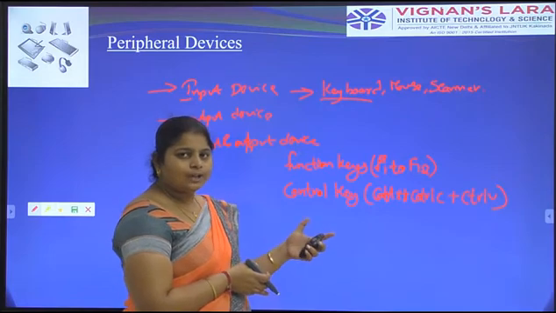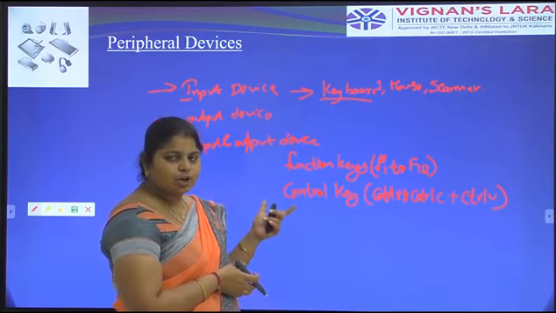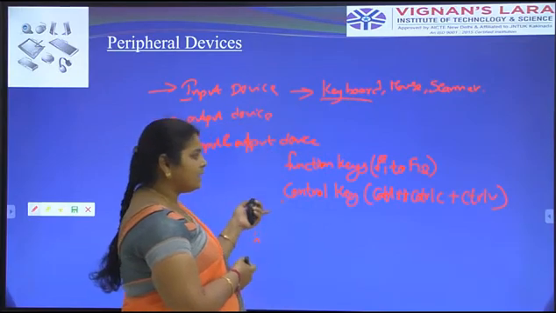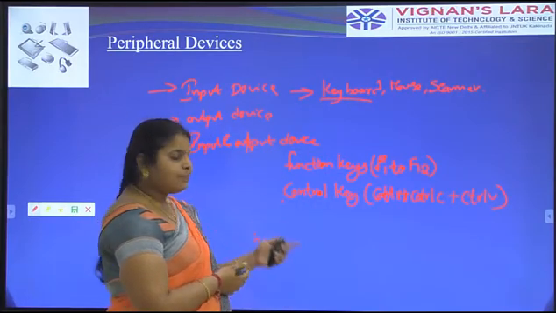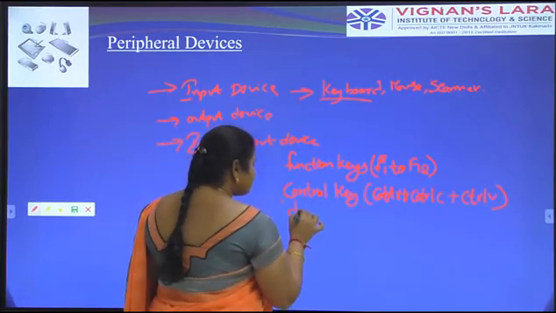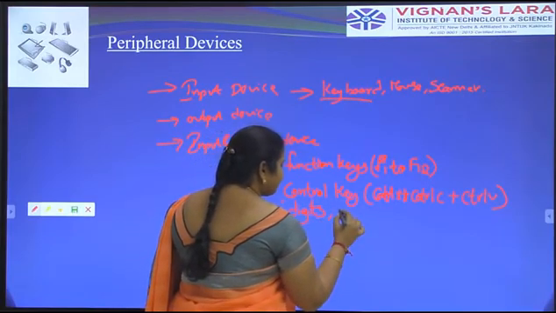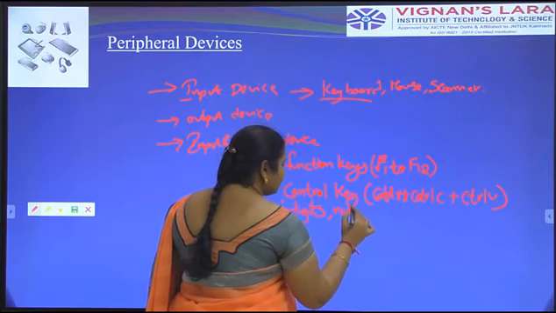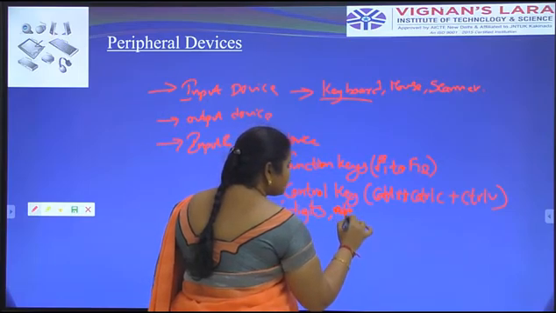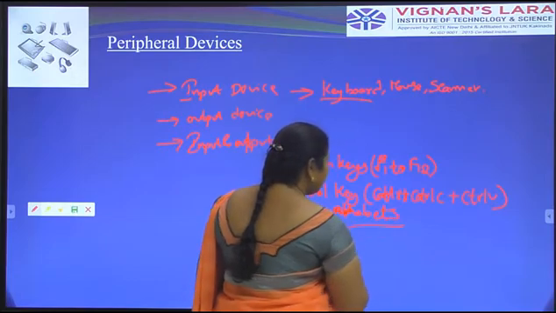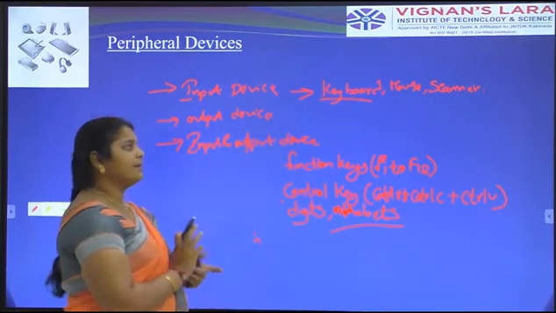These are the shortcut keys of the control key. Function keys are F1 to F12, and digits. Next, alphabets. These are provided in the keyboard.